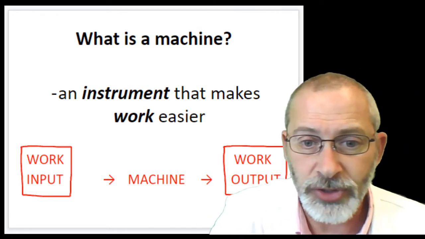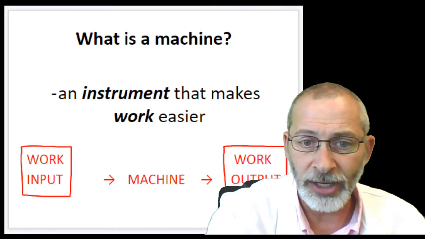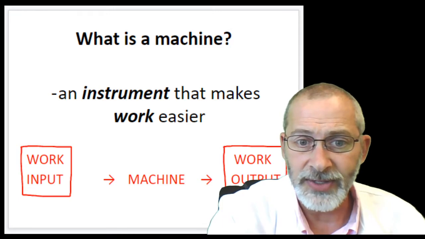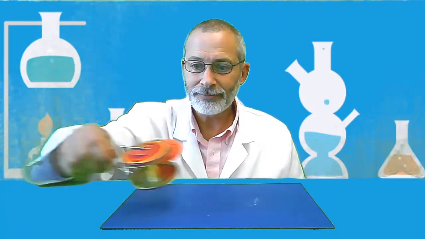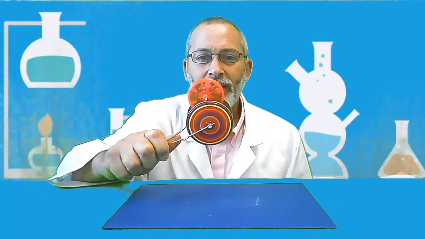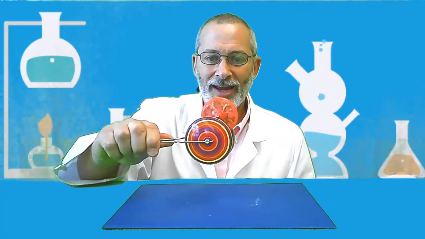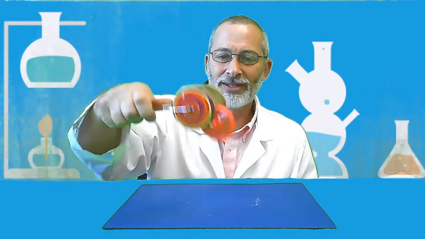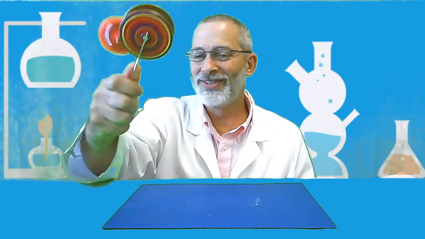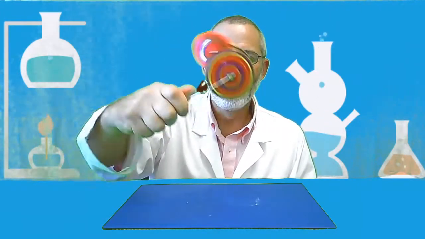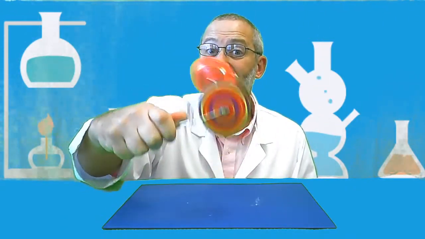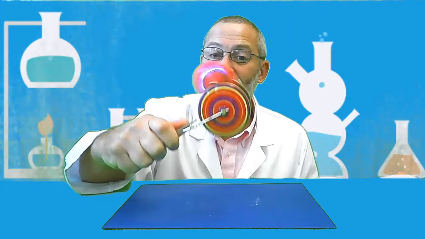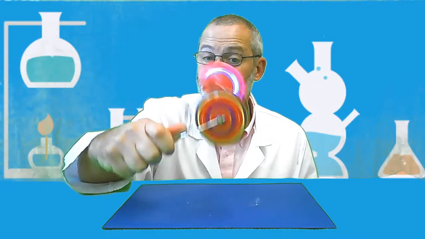Let's go back over to the close-up view for a moment, and let me give you another example. I have another machine here, which happens to be a toy. And I want you to watch this toy. It's kind of a top. Hopefully you can see that. I love toys. Now, I am applying a force through a distance to make this top spin around.